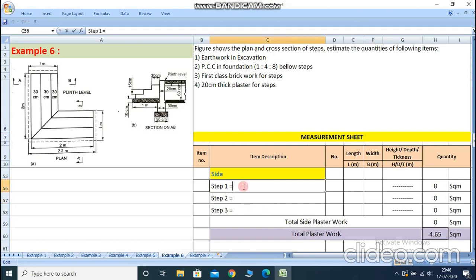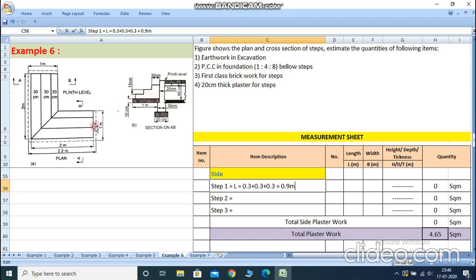now we calculate the side part for step 1. The length is 0.3, 0.3 and 0.3, so length is equal to 0.3 plus 0.3 plus 0.3. So its length is 0.9 meter. We calculate this portion of side plaster work.